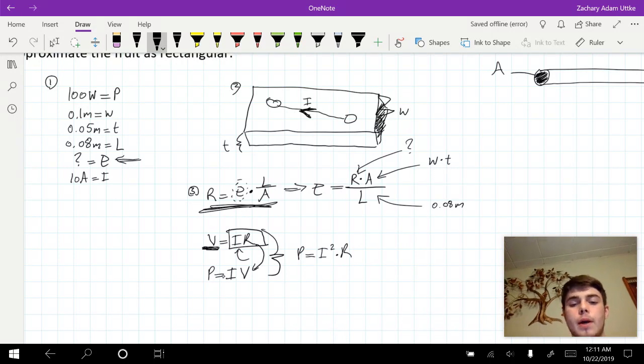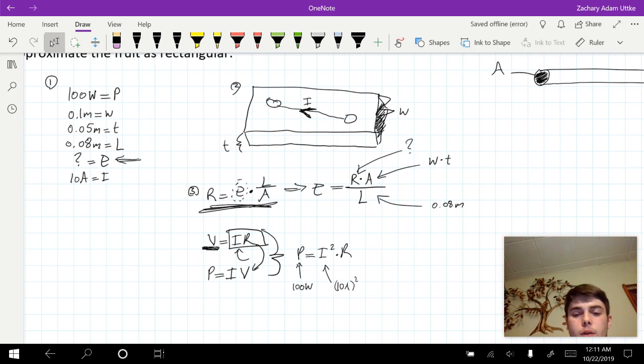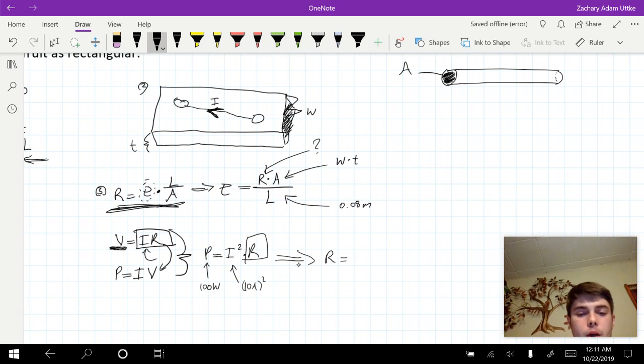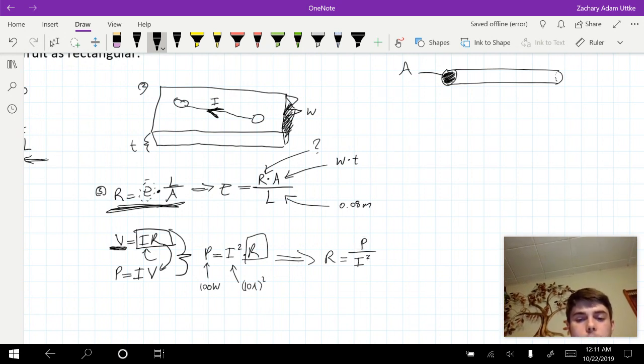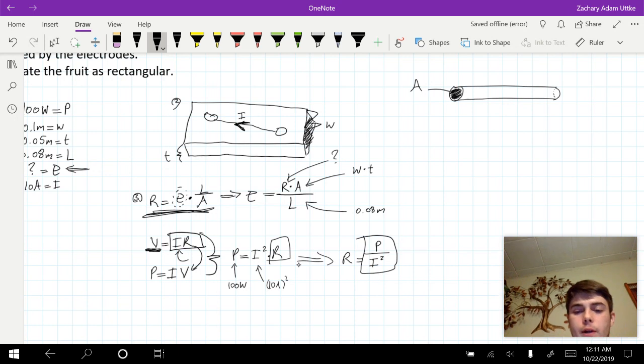Okay, so now we have power, which is our 100 watts. We have current, which was our 10 amps. And we don't have R, but we can rearrange this equation to give us R. So R equals power divided by I squared. Okay? Now that we've figured this out, we have both of these variables.